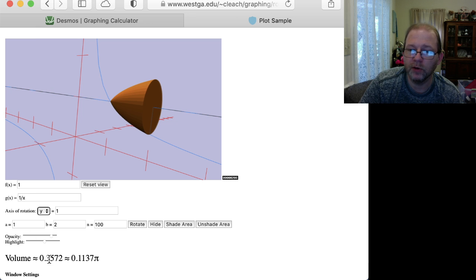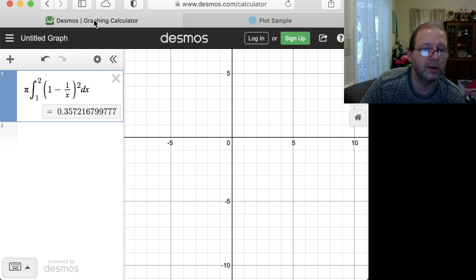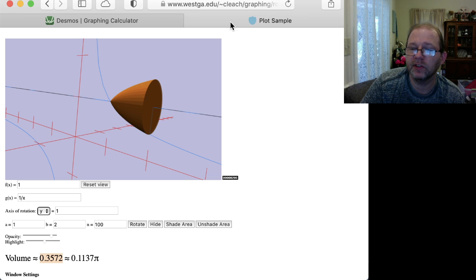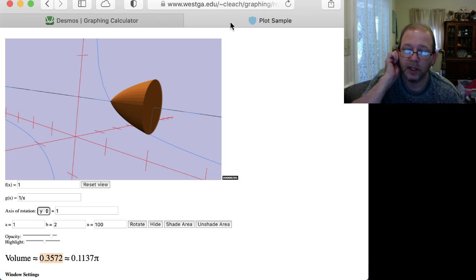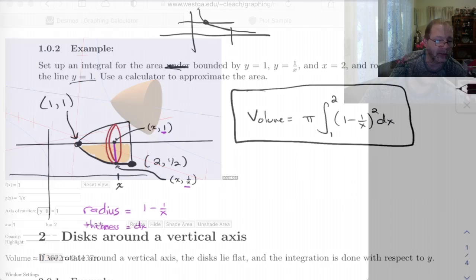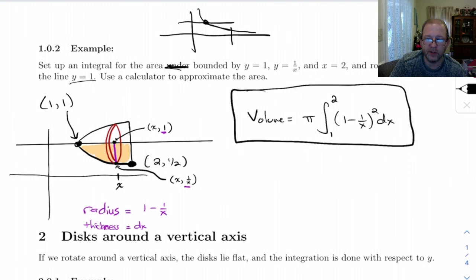And notice the volume it gives us here, 0.3572. That's the same thing as Desmos gave us. And if we wanted to, this is not a difficult integral to do. We could easily work it out exactly. All we'd have to do is just square this out and go.